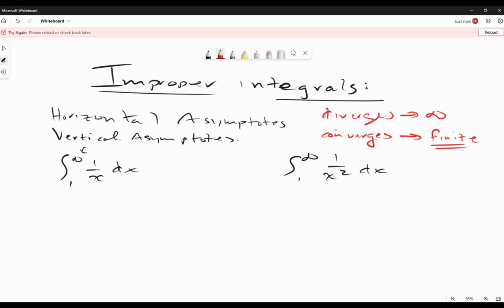So there's really no upper boundary here. What we do is reset this up as a limit, based on the fundamental theorem of calculus.